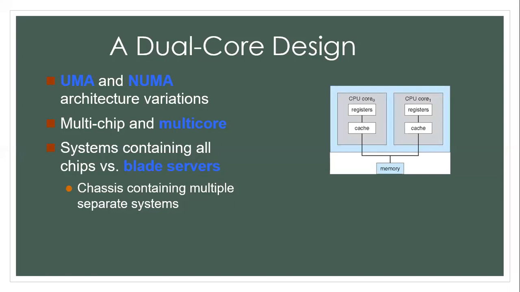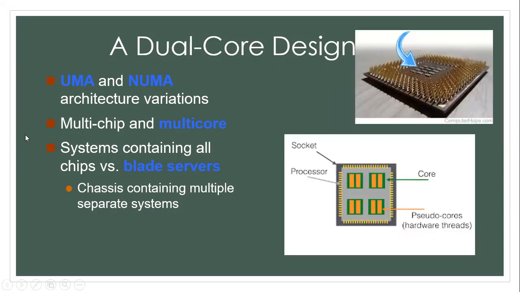There is a difference between multi-chip and multi-core chip. As you can see in the diagrams, in a single processor, that is in a single chip, we have multiple cores.